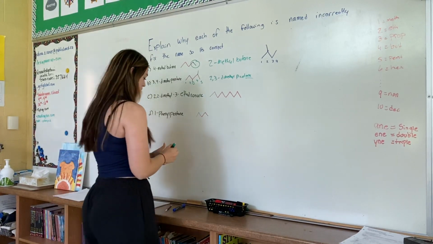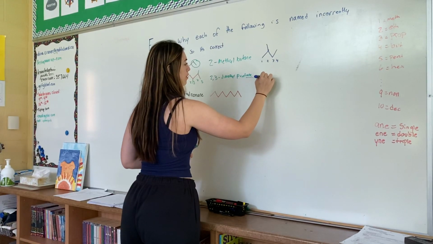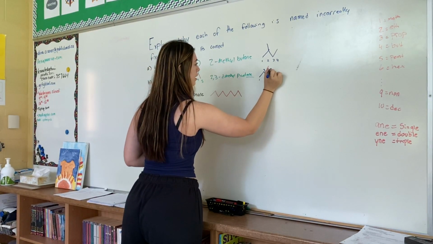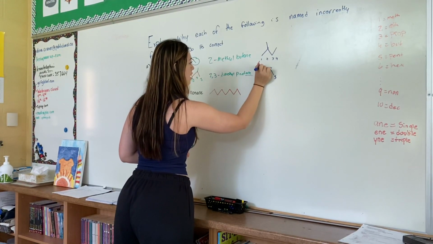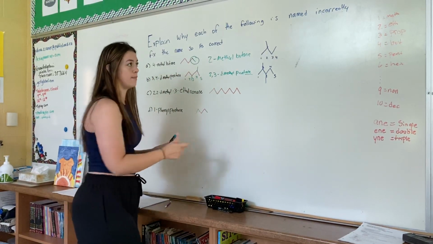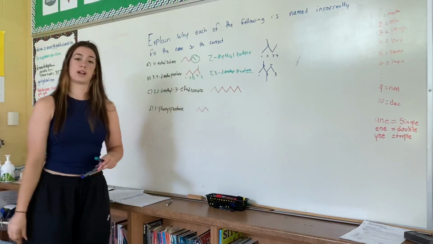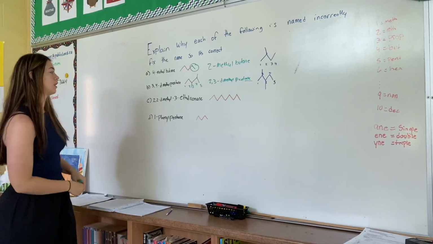So this would then look like, we have carbon 1, 2, 3, 4, and 5. We want it at 2 and 3, so we're going to have a methyl here and a methyl here, because methyl means 1. So this would be our correct IUPAC name and structure for this question.